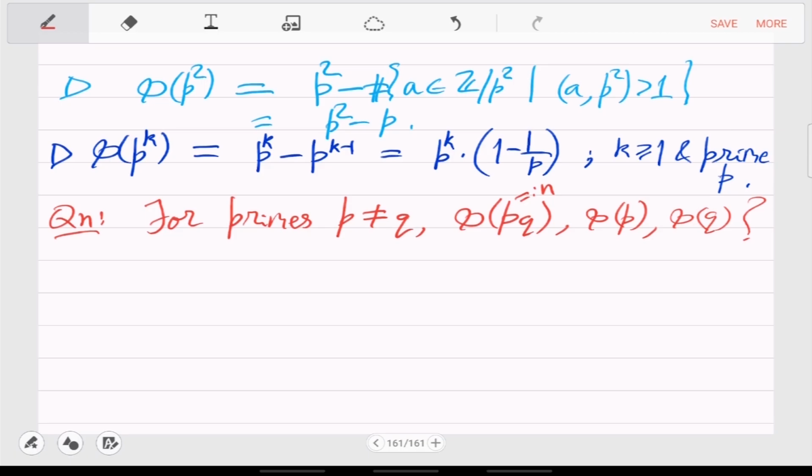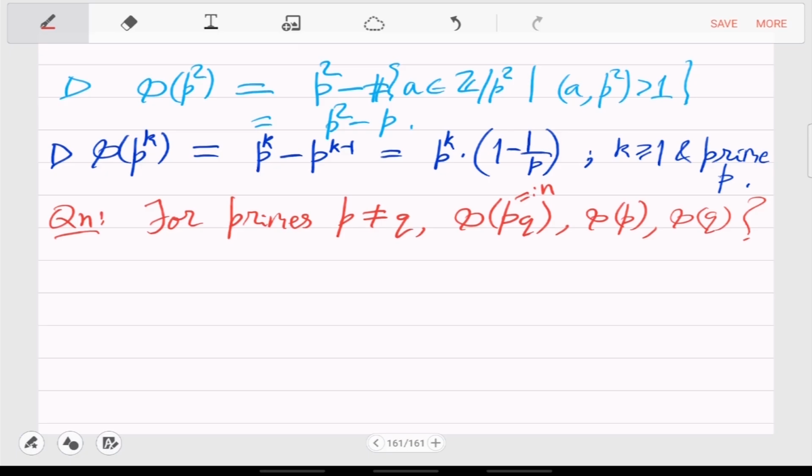Yeah, so when you are asked to guess, you should make the simplest guess, which is that it should be a product, right? So phi of pq should be equal to phi of p times phi of q. Clearly it is not true when p and q are equal, because phi of p square is not phi of p times phi of p.